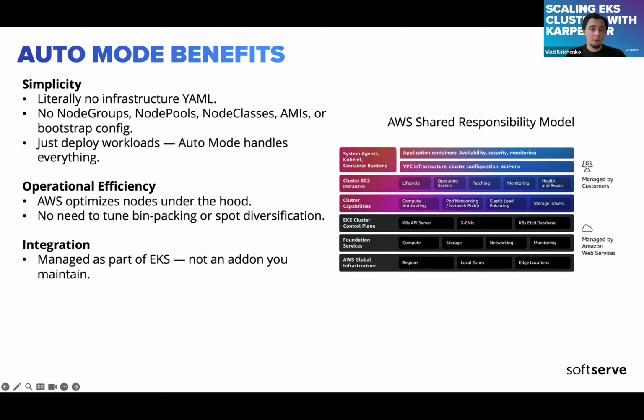While using Auto Mode, it allows us to use some custom node pools and EC2 node classes, but configuration is limited compared to bare Karpenter. We can customize node behavior.